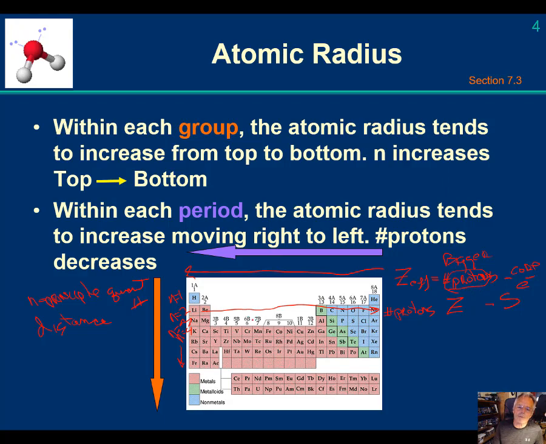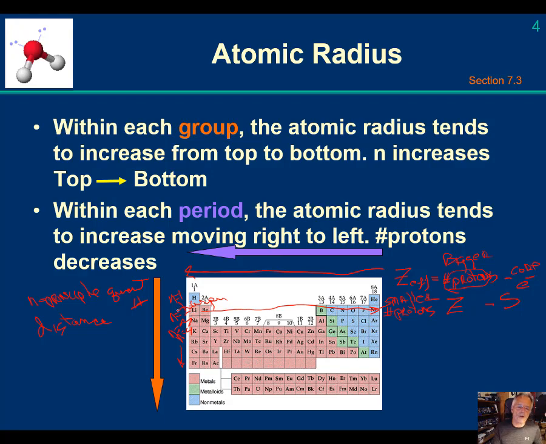So as that number of protons increases, that attraction for those outer electrons gets stronger and stronger and stronger, and so the atom gets smaller. So on this end, the atoms will be smaller, the smaller radius, and on this end, they're going to be larger because you have fewer protons in the nucleus.